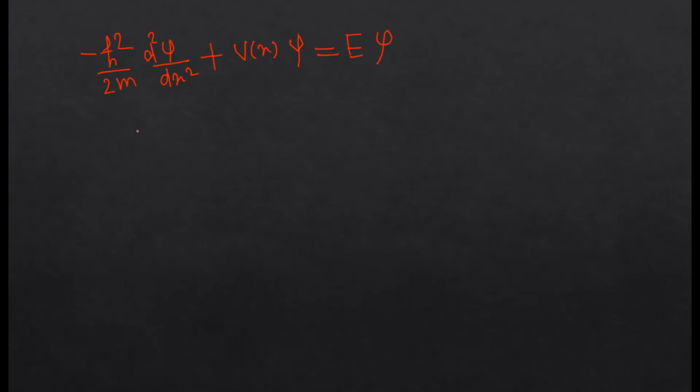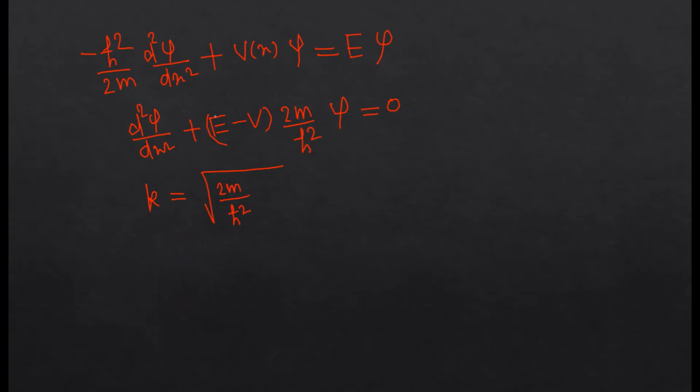Now rearrange this equation, then you will get d2 psi over dx square plus (E minus V) into 2m upon h cut square psi is equal to 0. So this is your k square, and k will be equal to under root 2m upon h cut square (E minus V).